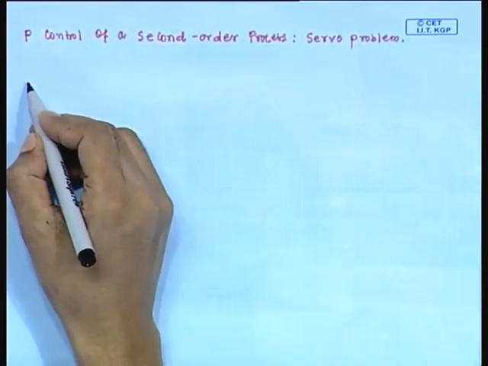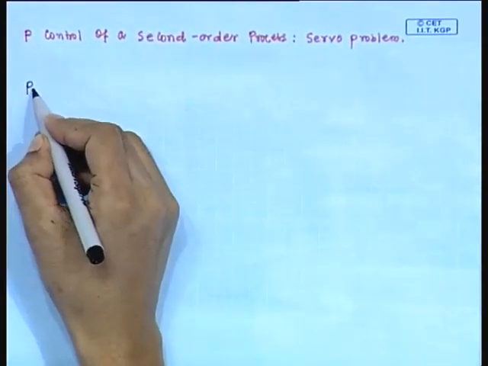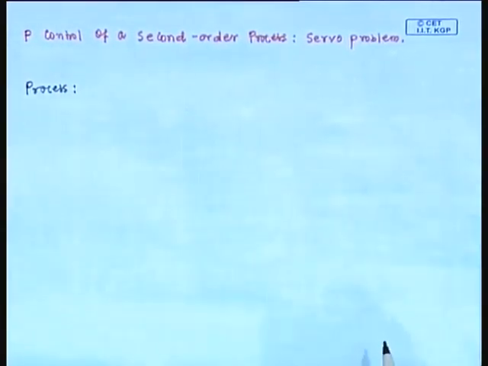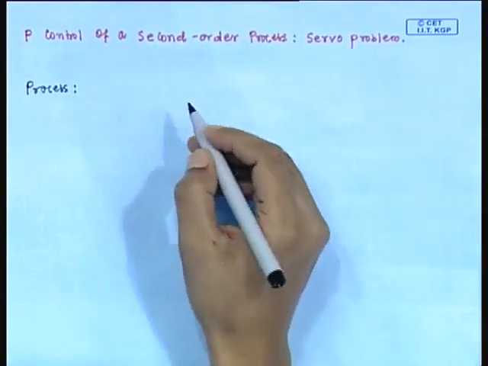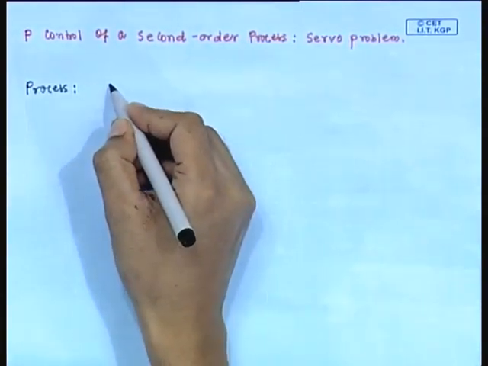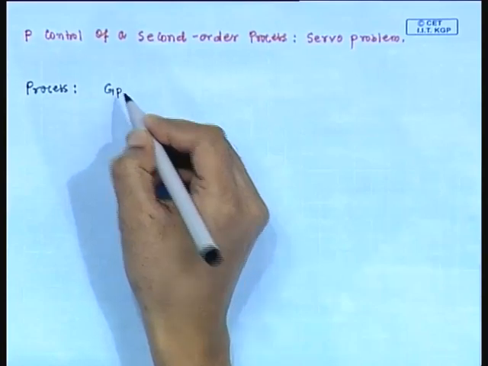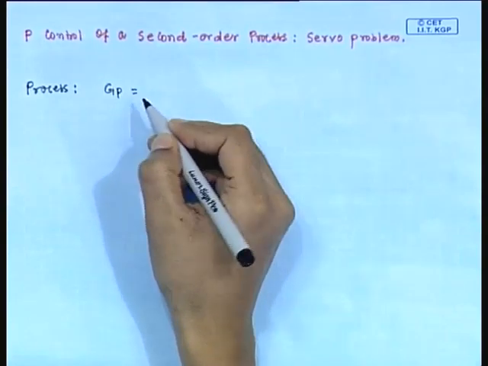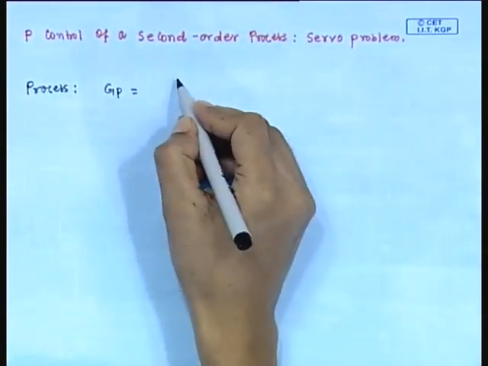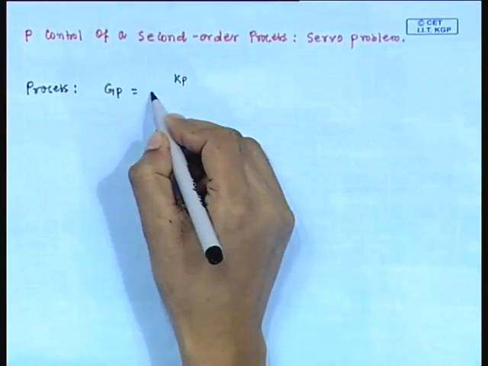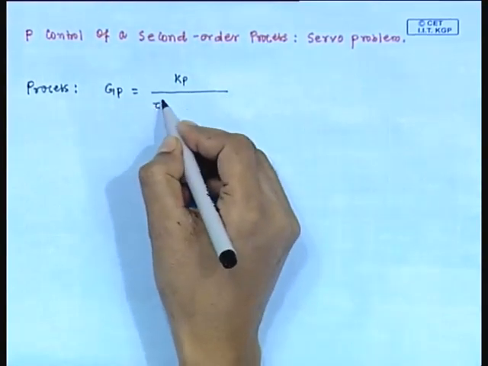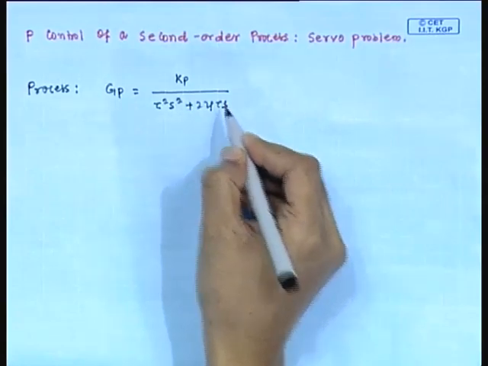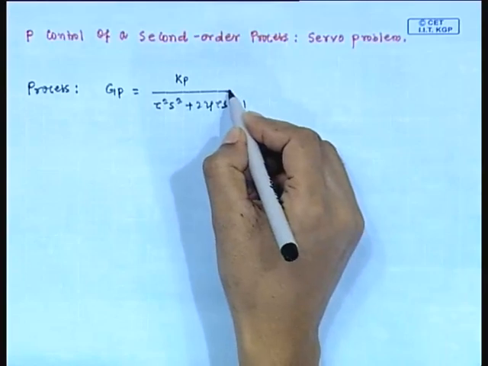So, what are the different elements of a closed loop process? The first element is the process, that is basically the open loop process. The open loop process with second order system has the transfer function Gp, equal to Kp divided by tau square s square plus 2 zeta tau s plus 1.